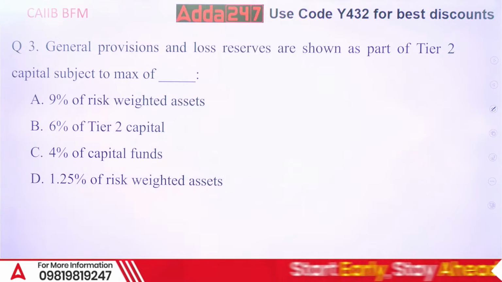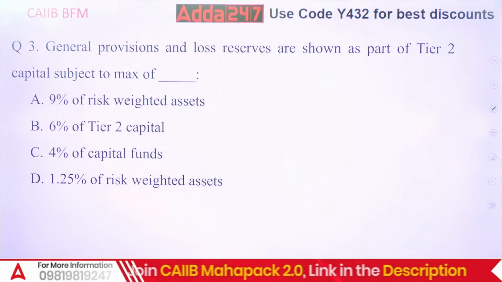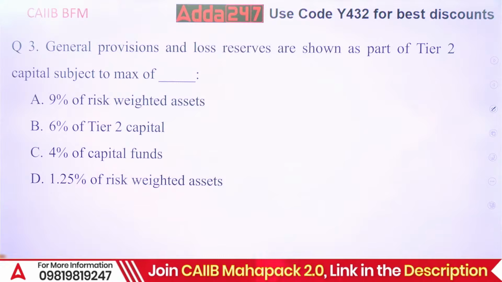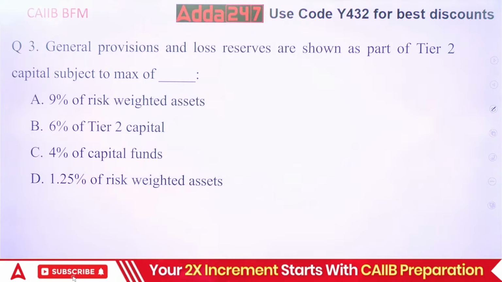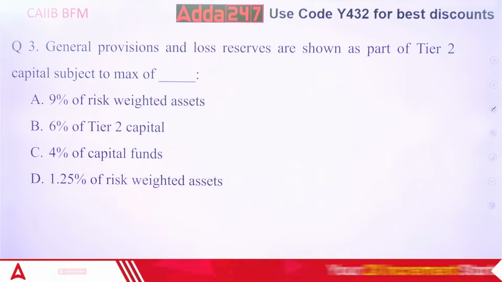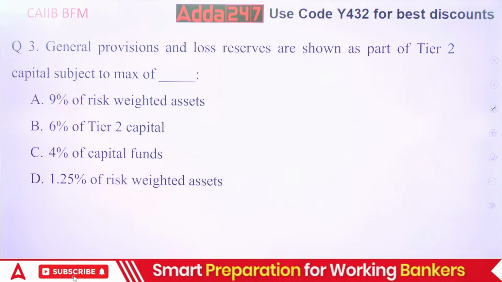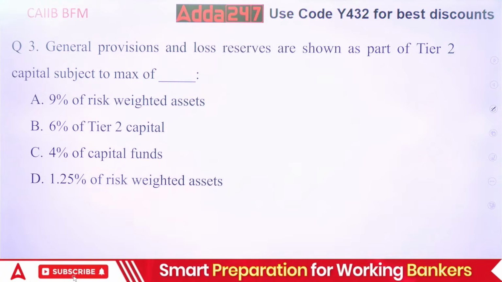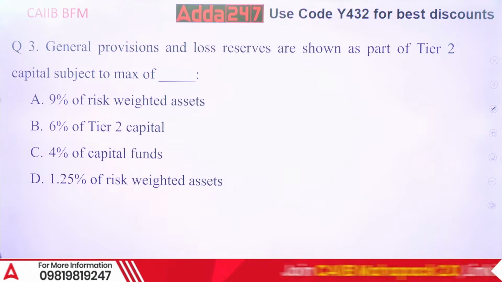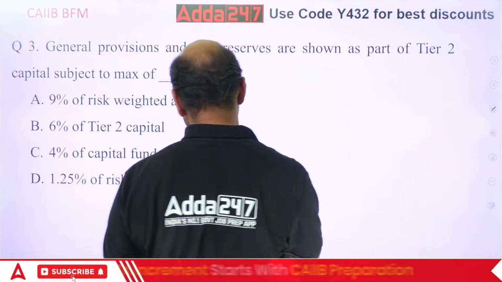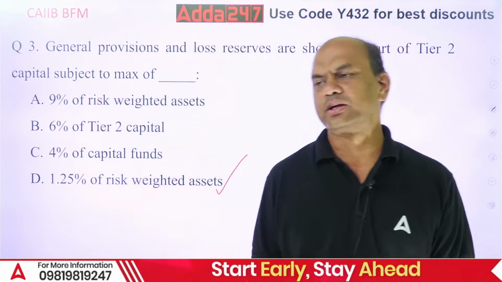So general provisions and loss reserves are taken at what percent? 9% of RWA, 6% of tier 2, 4% of capital funds, or 1.25% of RWA, risk weighted assets. So it is D. Correct. 1.25% of the risk weighted assets.